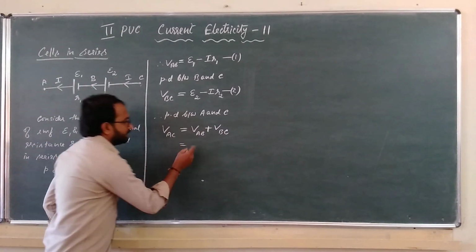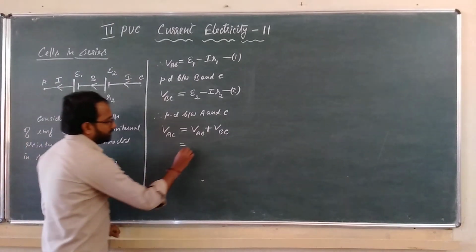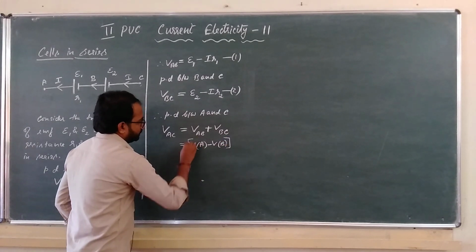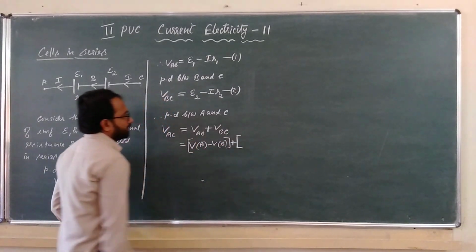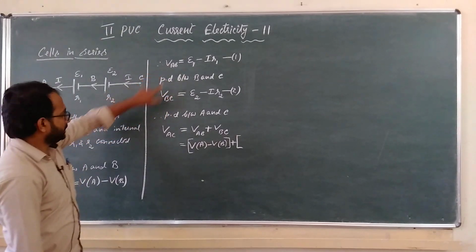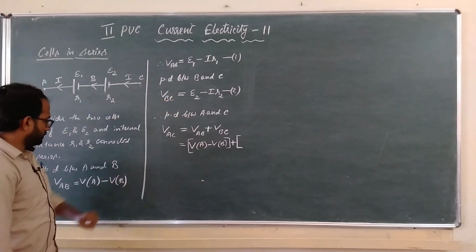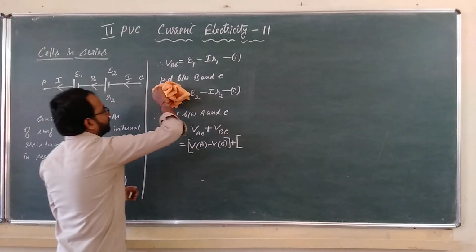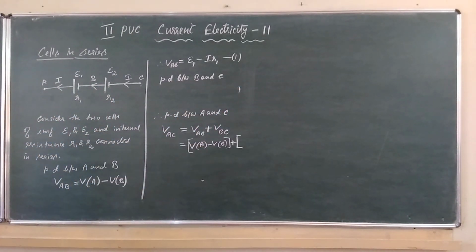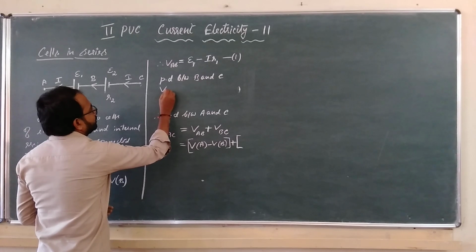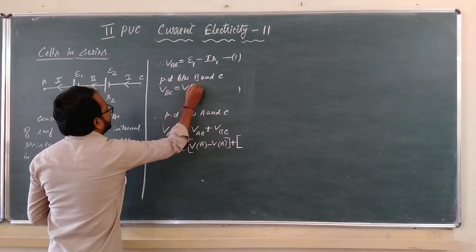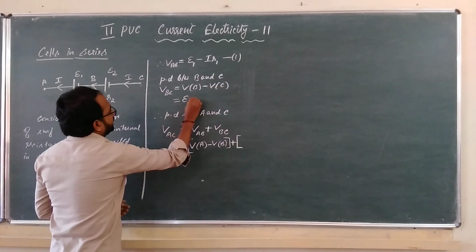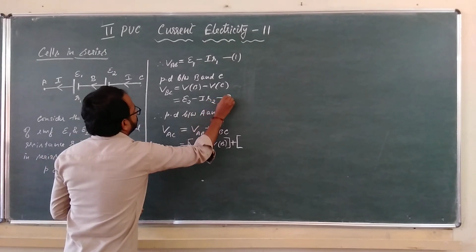So that is equal to, what is VAB? VAB is VA minus VB plus, what is VBC? VBC is here. So okay, I have to write here, potential difference between B and C, VBC is equal to VB minus VC, which is equal to E2 minus I into R2, right?